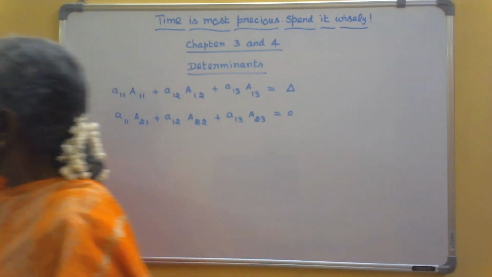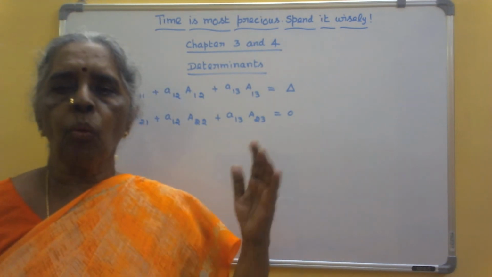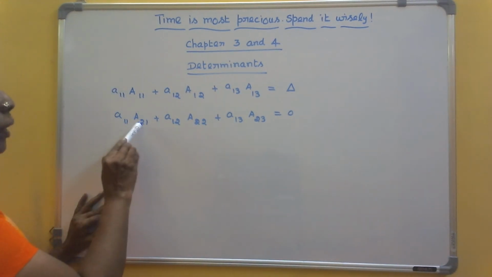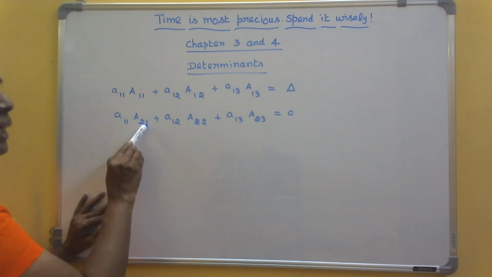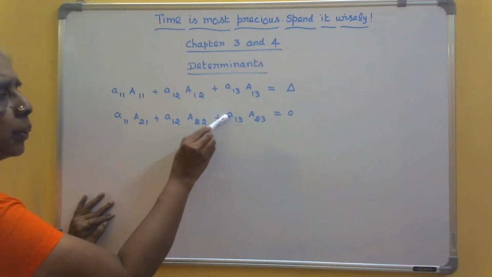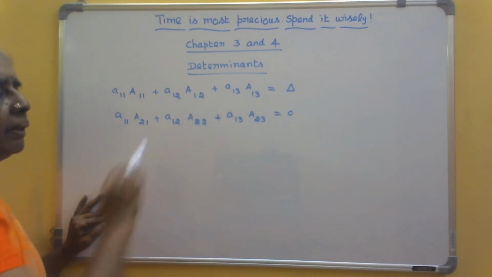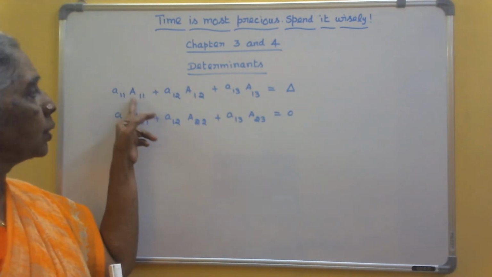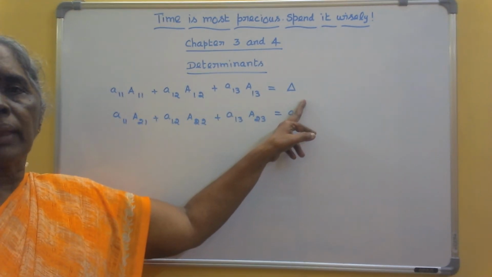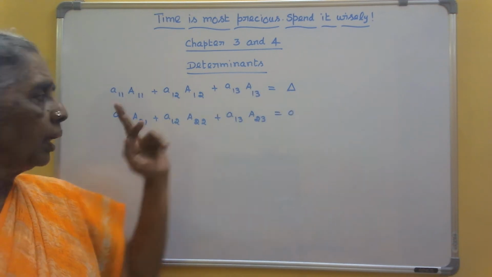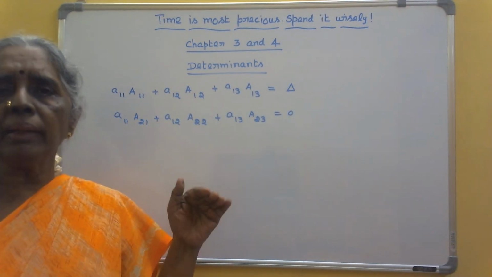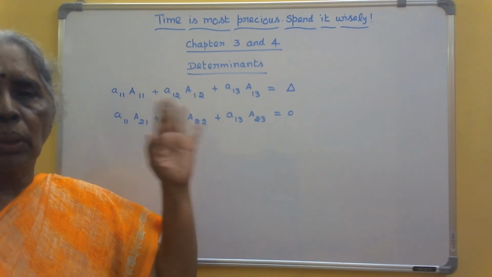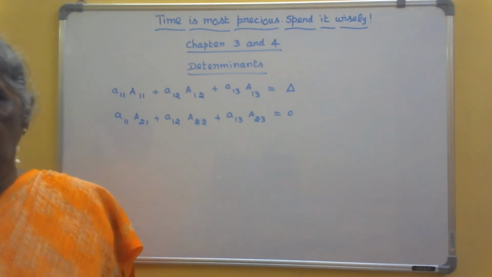Whereas if you multiply by the cofactors of some other row or column, for example A11, A21, A12, A22, A13, A23, where here it is the first row and here the second row, and you add, then it is equal to 0. So just remember, each element multiplied by its own cofactor gives you delta, the determinant value. Each element multiplied by the cofactors of another row or column gives you only 0. Just remember this fact. Okay?